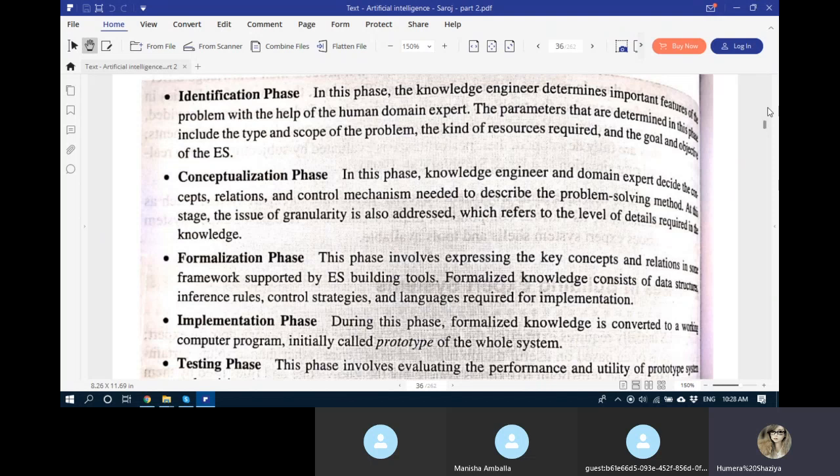A neurologist is a domain expert of nerve diseases. Likewise, a civil engineer is a domain expert of construction.